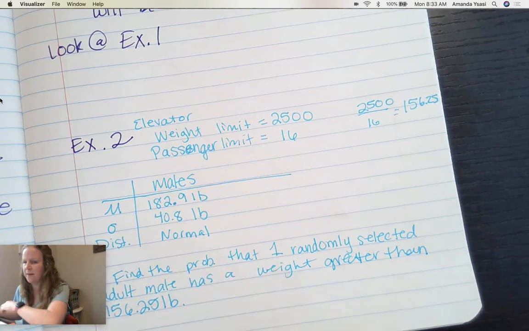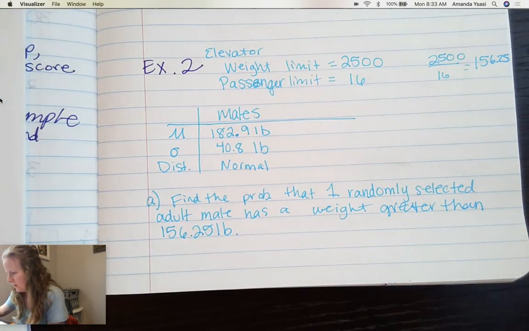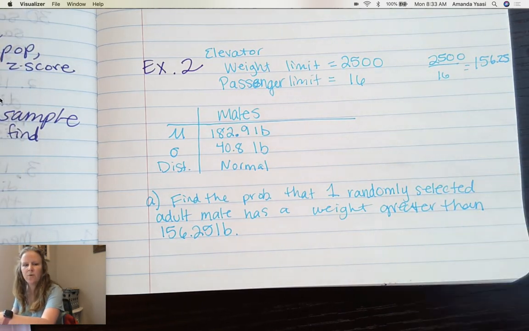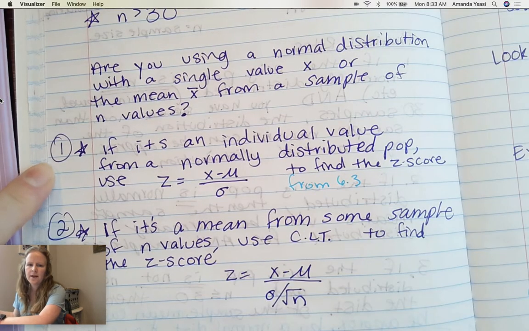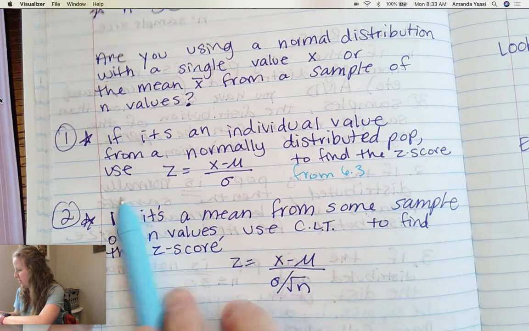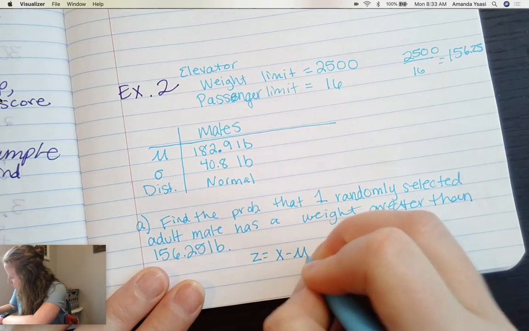So greater than that threshold that we had there. Okay, so we are going to use the formula because we're just dealing with the one individual. We're going to use number one. If it's an individual value from a normally distributed population, use this. So we are at z equals x minus mu over sigma.